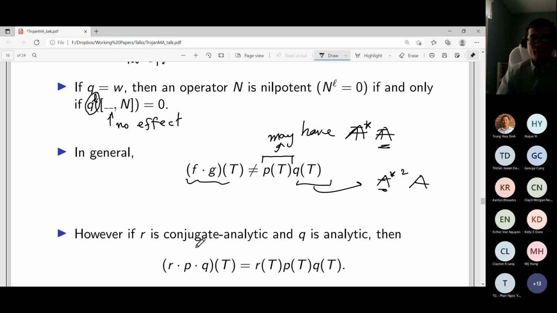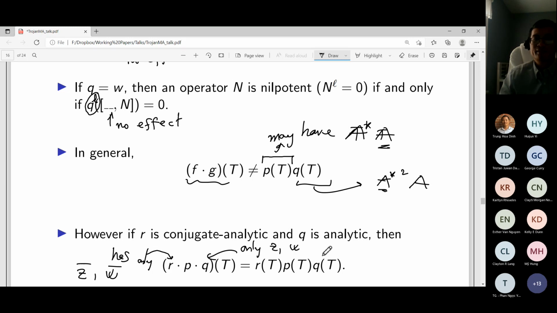However, you can see that if I multiply three polynomials, and this R here is conjugate analytic, meaning that it has only z bar and w bar, and the last component has only z and w, then we do have the multiplicative property.